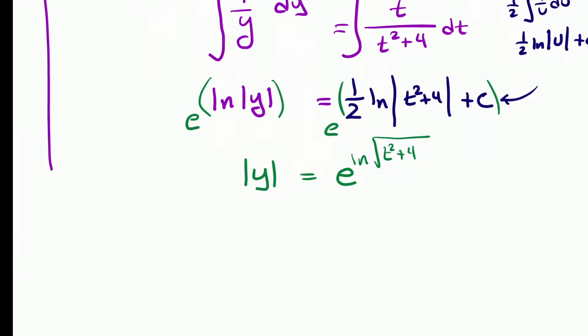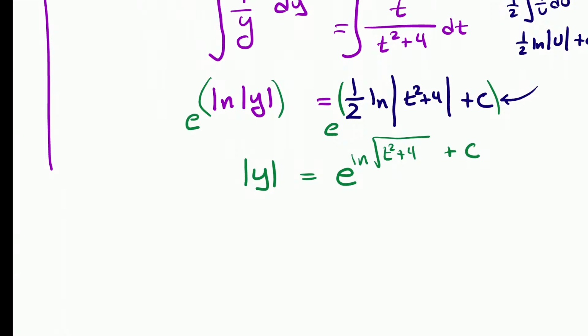And the reason why it's the square root of t squared plus 4 is because rules of logarithms say that if you have a coefficient in front of a logarithm, that coefficient can move inside and become an exponent, and this to the 1/2 power is the square root. Let's leave that plus c there for just a minute. So that was a rule of logarithms.